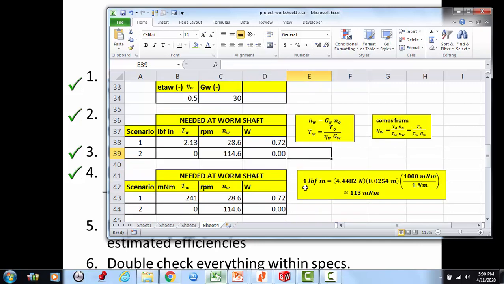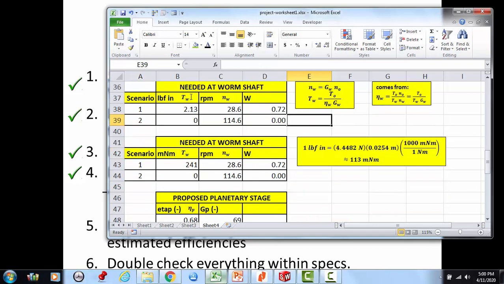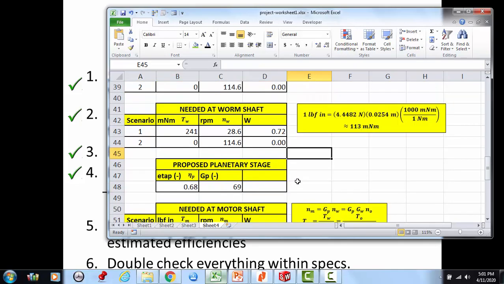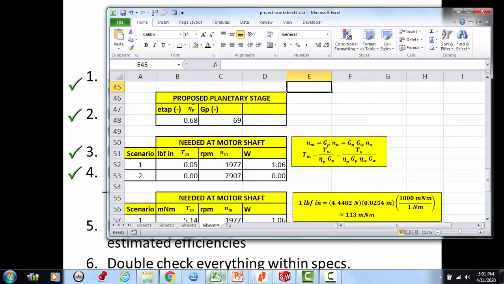And then in anticipation of going to that motor, I started keeping track of torque in millinewton meters as well. So between this and this is simply a unit conversion, and it turns out there's about 113 millinewton meters per inch pound. So I kept track of that, and then of course the power and the speeds are going to be the same. So that's got us one stage up, and then the next stage is where we're going to walk it back up the planetary.